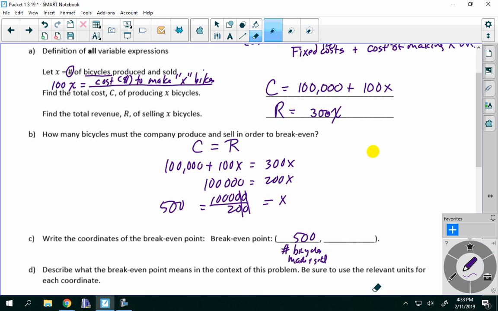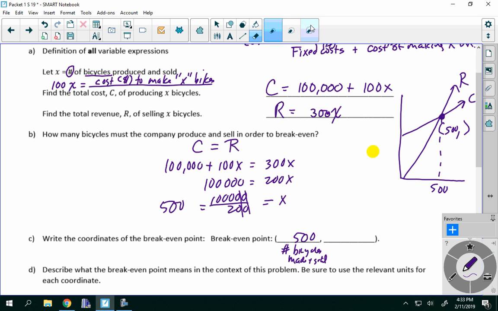But I still haven't found the break-even point, because the break-even point is the point that describes the intersection of my cost function and my revenue function. I know that the x value, because I just solved for it, is 500. But now to find my y value of that point, I have to do a little bit of work.